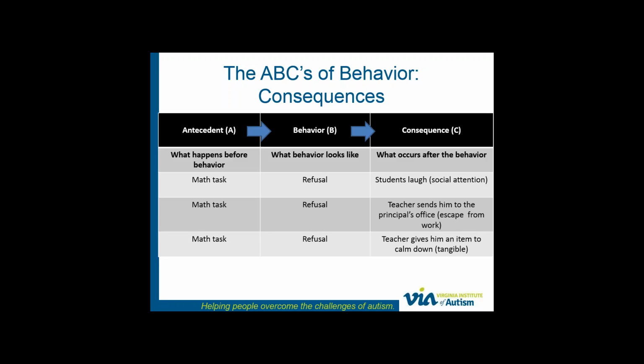So if these consequences are what's maintaining those behaviors, these treatments would be completely different, because one child's engaging in refusal to get social attention, one to get out of work, and one to get that toy that the teacher gives them. So the treatments would be very different, right?